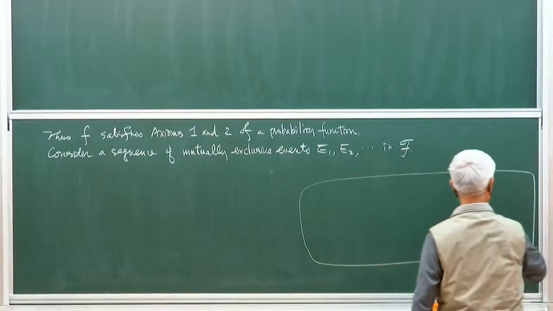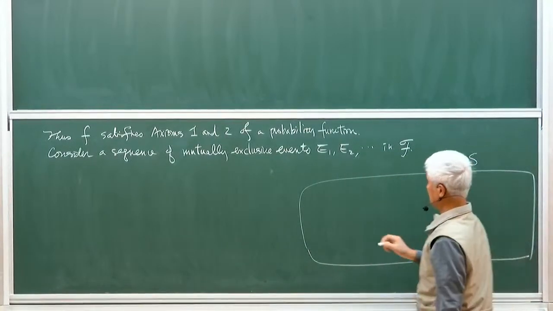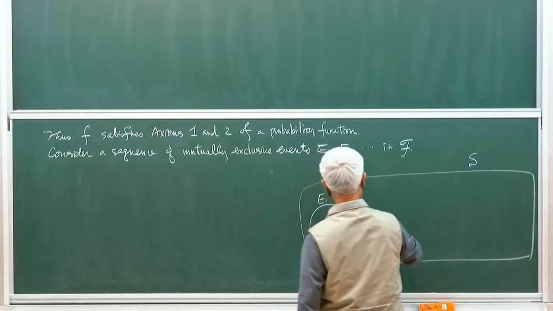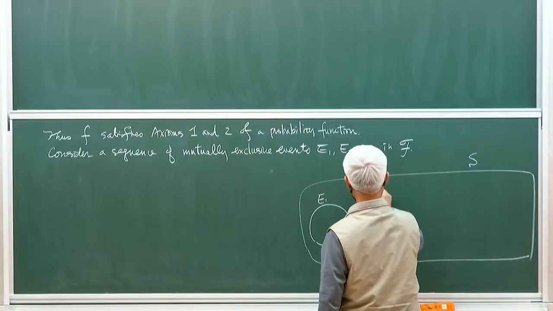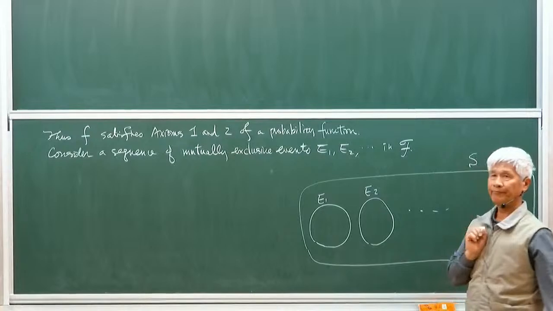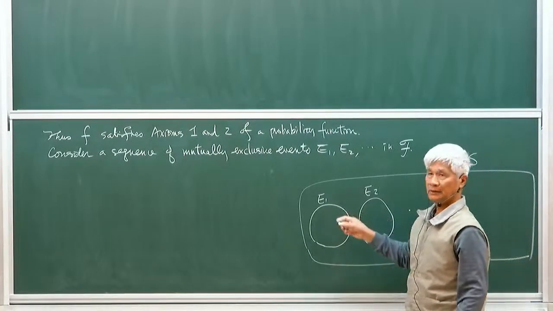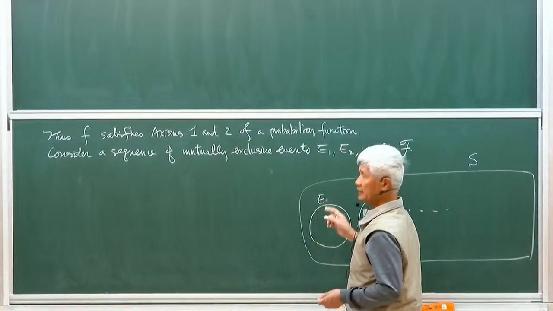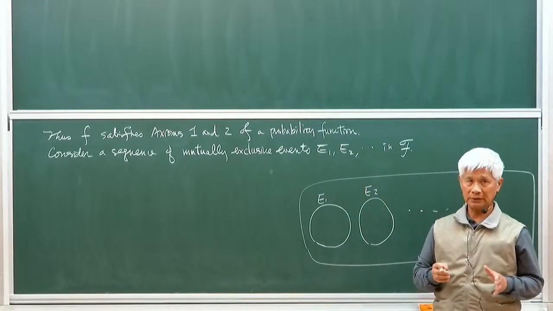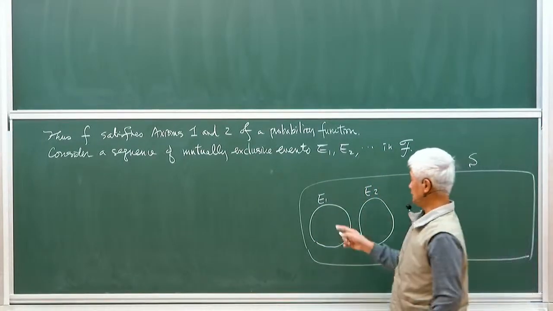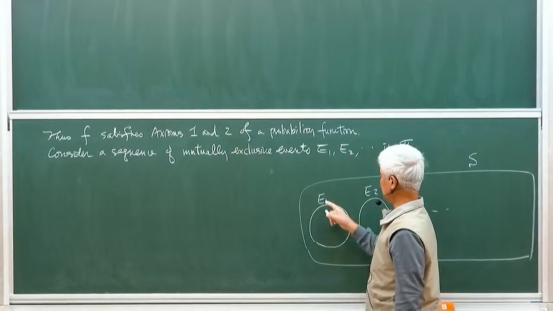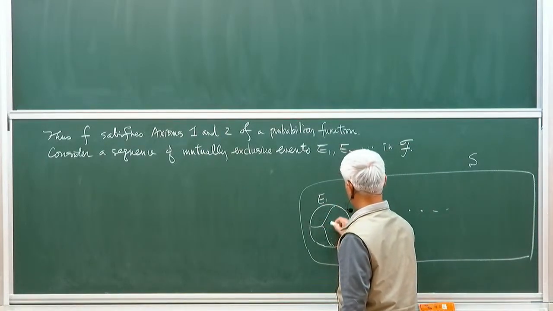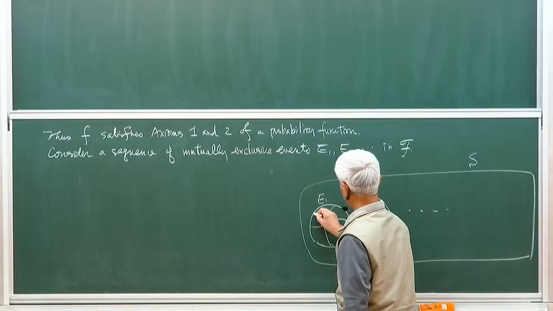This is our sample space, and we have disjoint events. This is E1, this is E2, etc. These events are mutually disjoint, and we know every event is a disjoint union of atomic events in the event. So the partition is here.